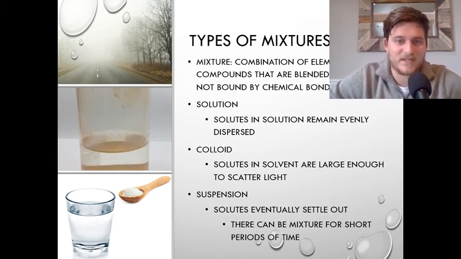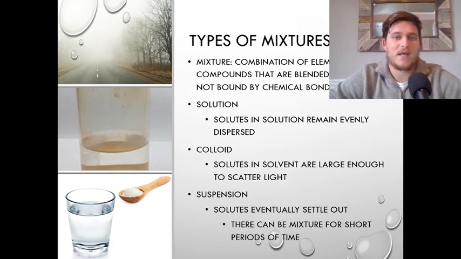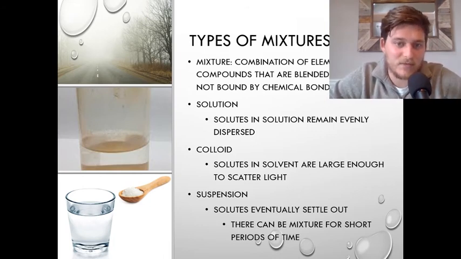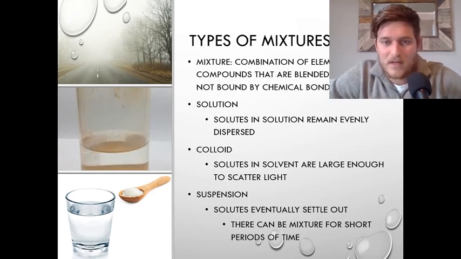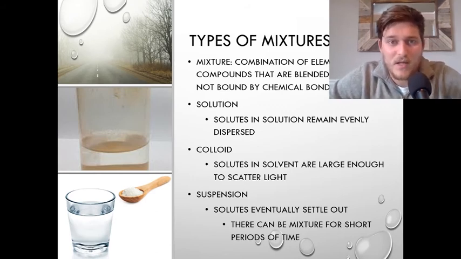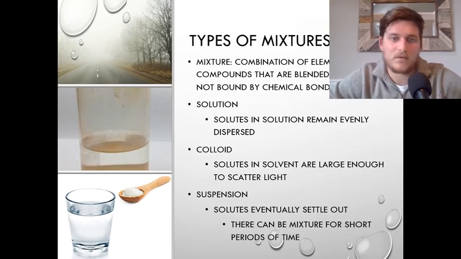That is a little bit different than a colloid, which has greater sized solutes, and suspensions, which have even bigger solutes within that mixture. And so solutions again are homogeneous, while colloids and suspensions are heterogeneous.